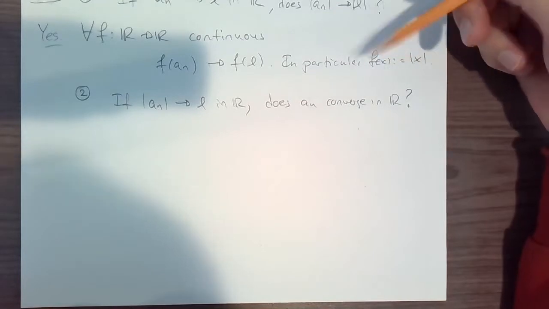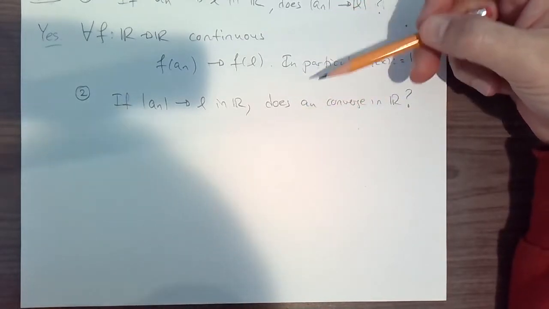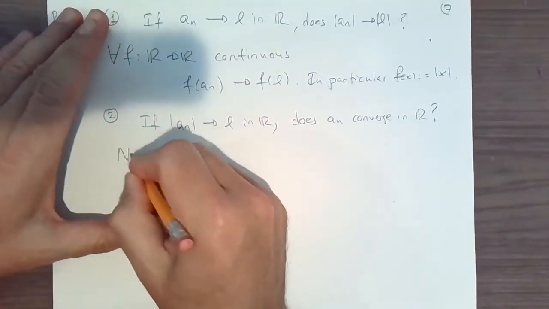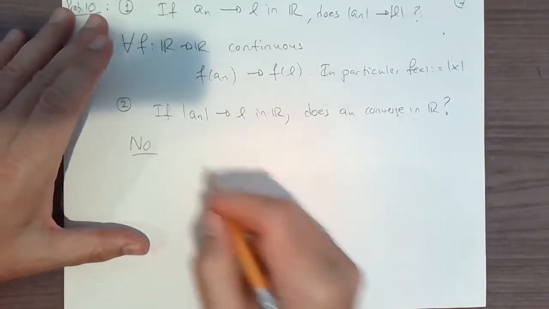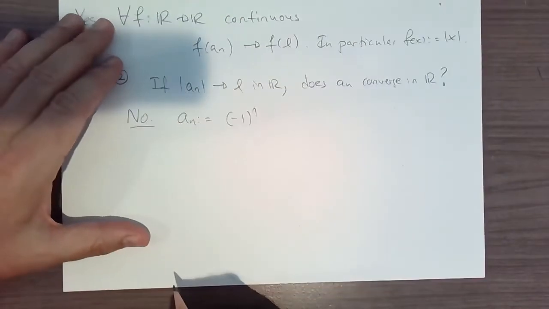What could happen here is that a_n could oscillate. So the answer is no. You could have that a_n, for example, would be something like -1 to the n.